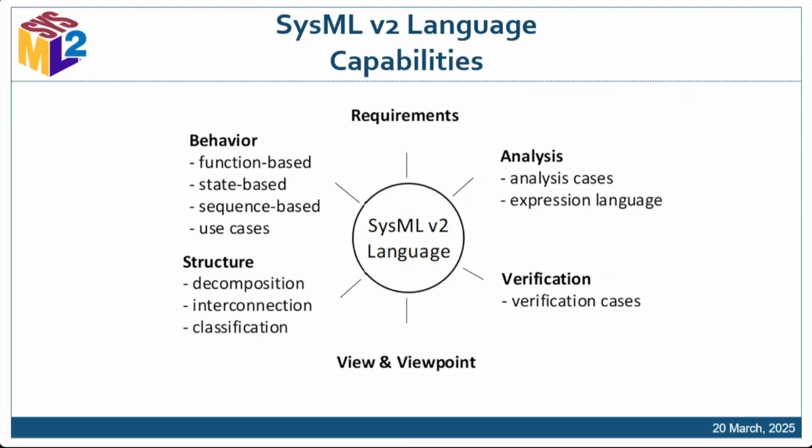You just find it to be a different driving experience, if you will, than what you've had with v1. We have things like analysis cases that more or less take the place of parametrics. We have very robust verification cases and that view and viewpoint mechanism. We have really interesting requirements that can be more formally specified. So there's a lot of stuff under the hood here.